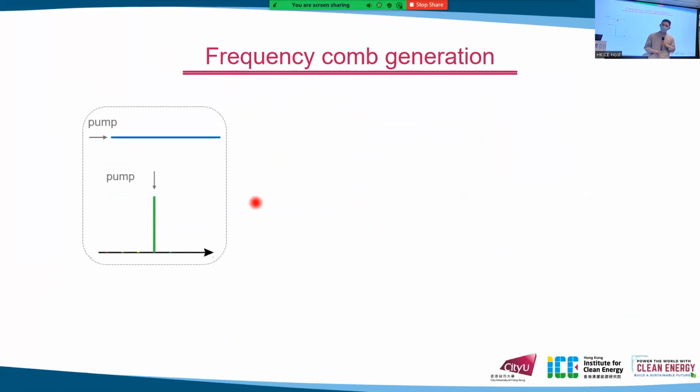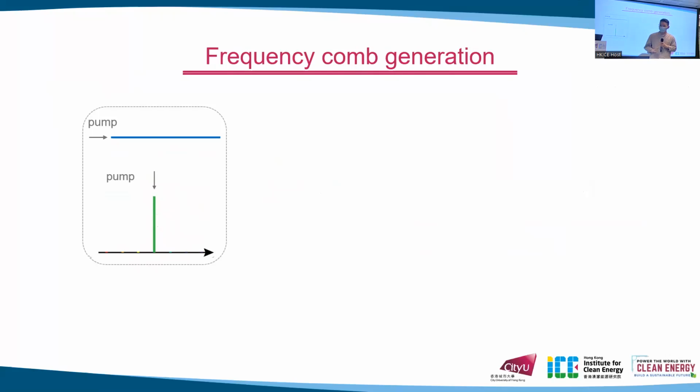If we only have one pump line, we can only get one individual frequency component in the frequency domain. So a very straightforward way is to use many lasers with different frequencies, such as 300 lasers or 500 lasers. But I don't think that people will do it like this.